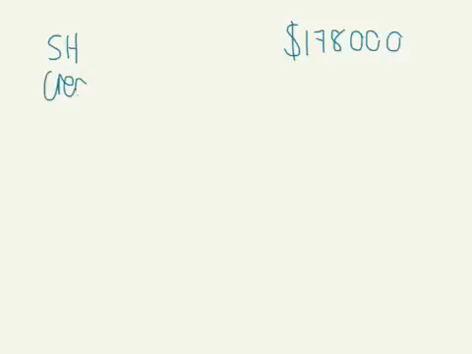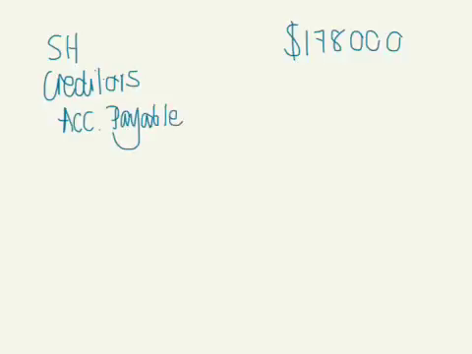We said the shareholders are going to get 178, but there are also creditors that need to be paid, and we are going to provide Tuna Limited with sufficient cash to enable them to pay their liabilities. So what needs to be paid? Let's see, they've got accounts payable. If you refer to the statement of financial position, accounts payable of 31,000.